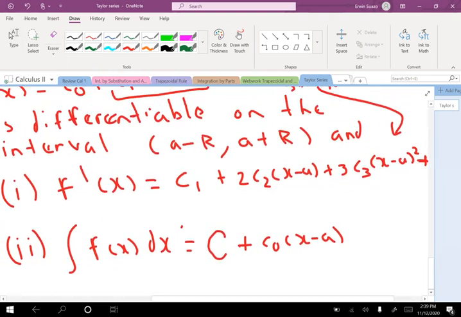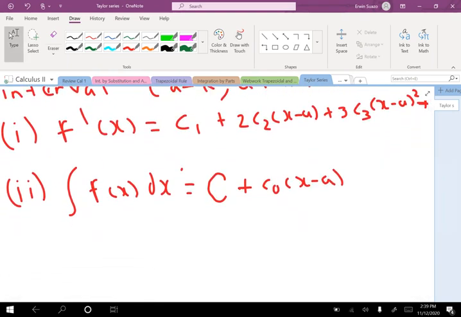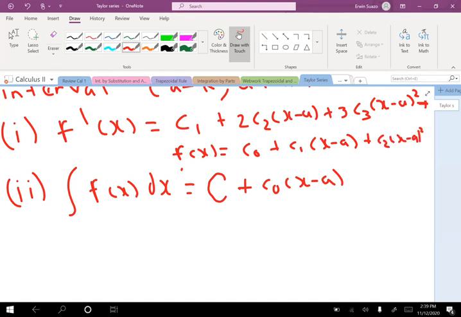Let me put here my f of x. So f of x is c0 plus c1 x minus a plus c2 x minus a squared, and so on.